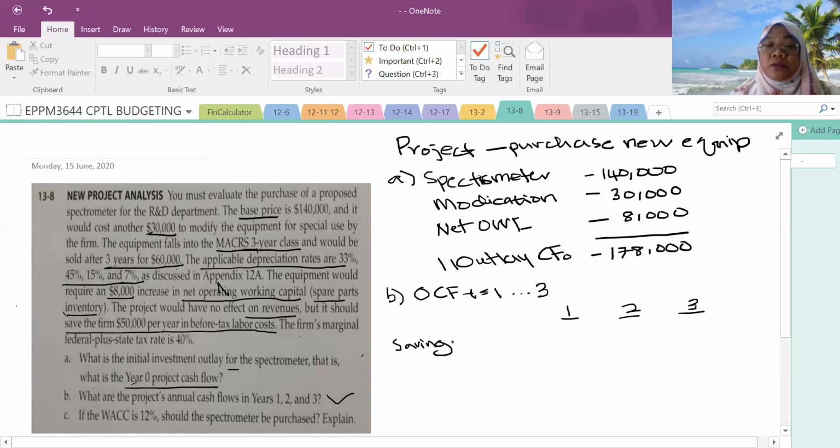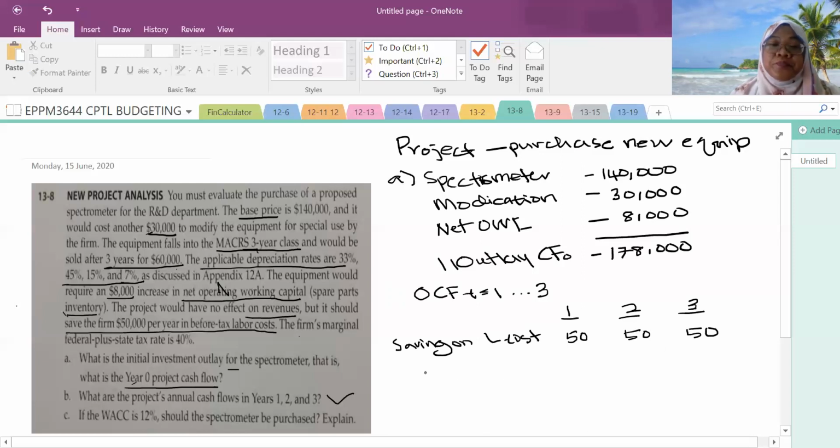Saving on labor cost is how much? 50,000 per year before tax. So we'll just put 50,000, 50,000, 50,000.